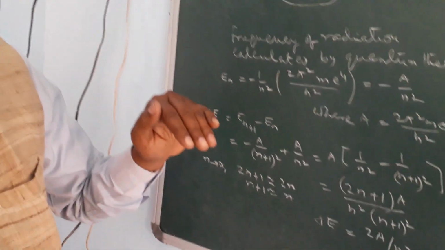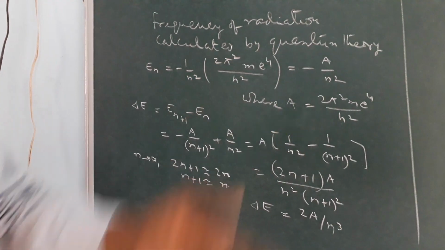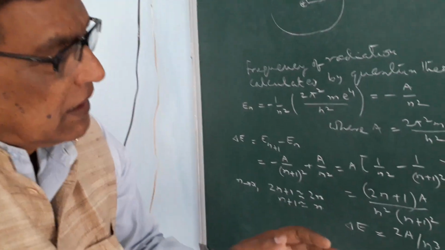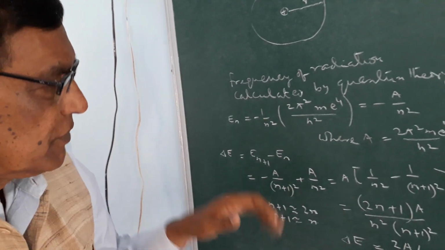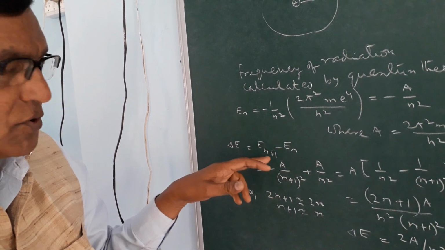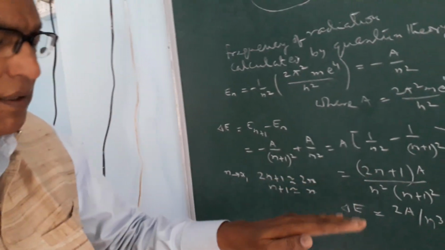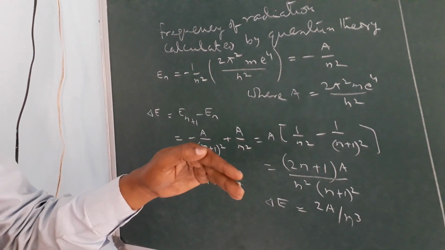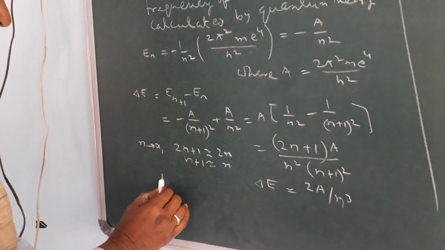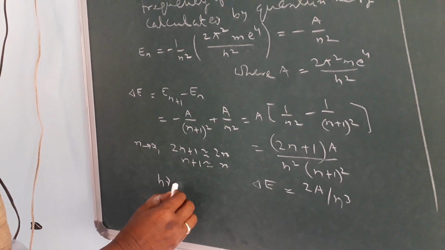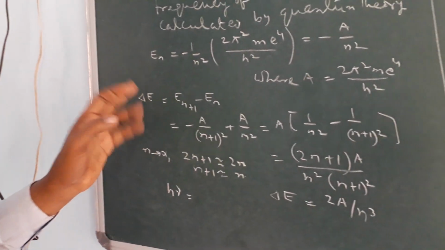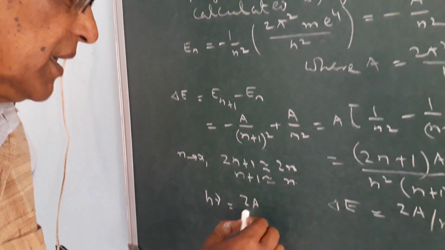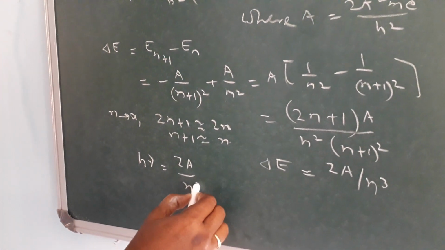Whenever the hydrogen atom absorbs radiation of frequency nu, this can excite the hydrogen atom from the n level to the n plus 1 level, and one transition requires the absorption of one photon. The energy of the photon is equal to h nu, and this h nu must be equal to delta E, meaning delta E equals 2A divided by n cube.